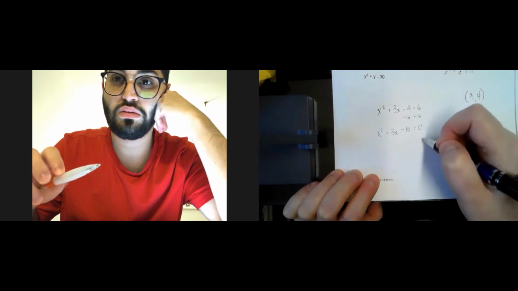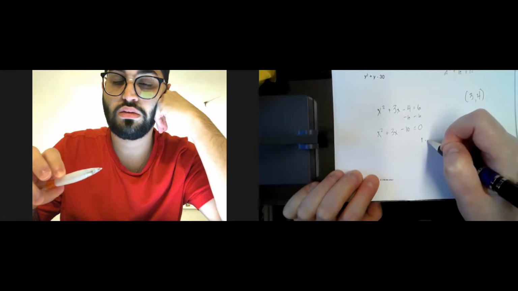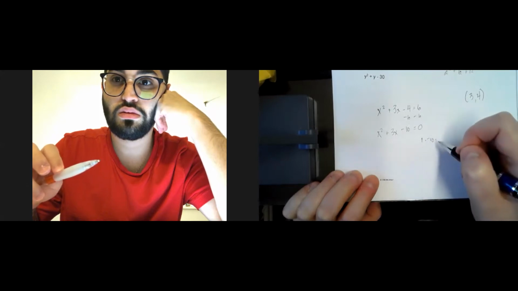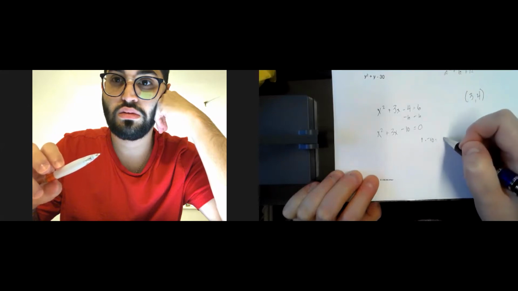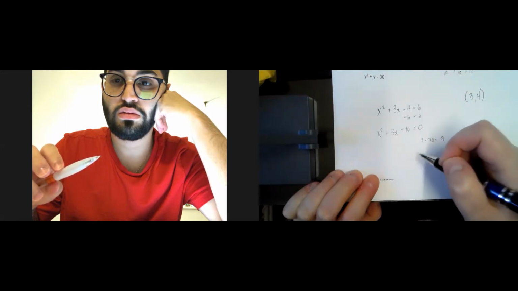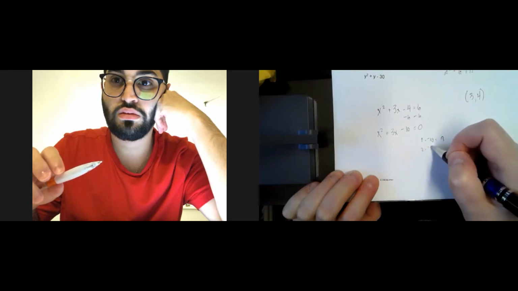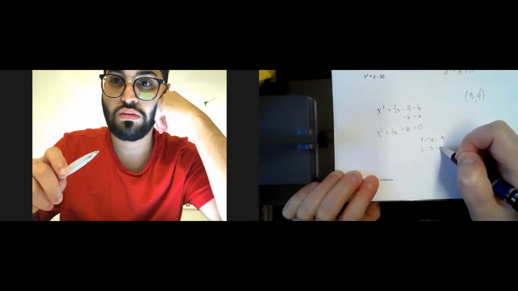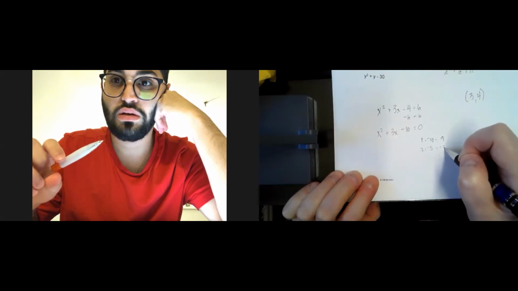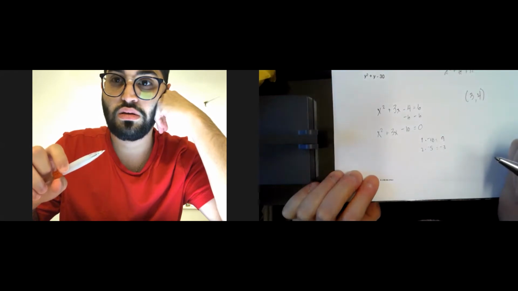So we're going to start with 1 times negative 10, and 1 plus negative 10 is 9. 2 times negative 5, added together equal negative 3.